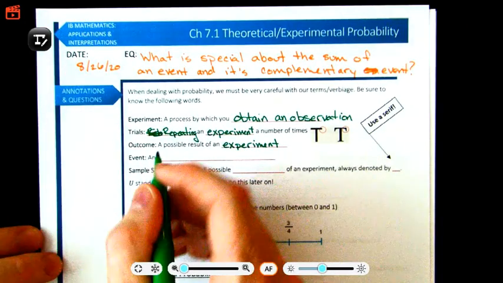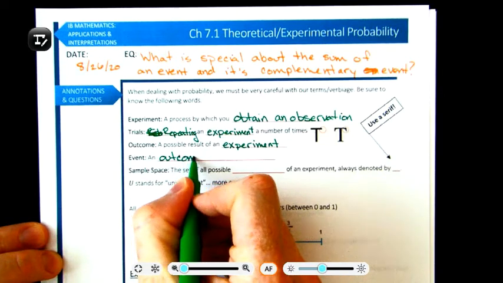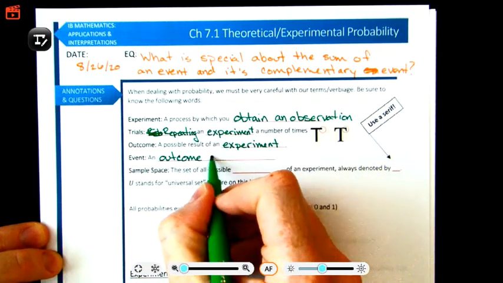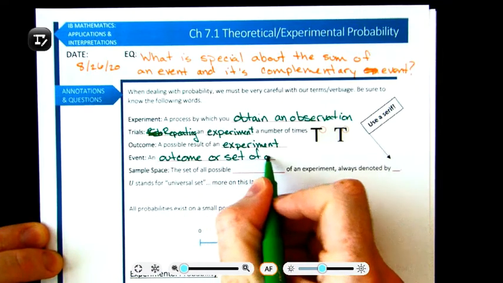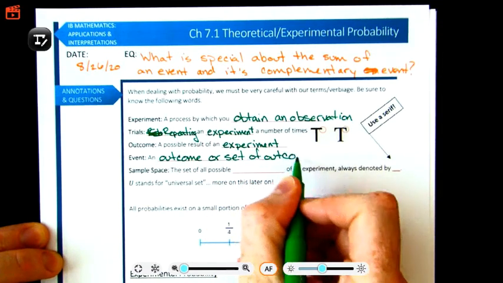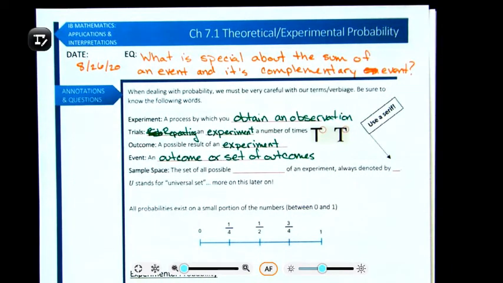So an event is an outcome or set of outcomes. Okay, so yeah, I can see this might be a little confusing because a lot of these words sound very similar, but I think once you start experimenting with them and actually seeing some examples, it'll all kind of fit into place. And then lastly is sample space.